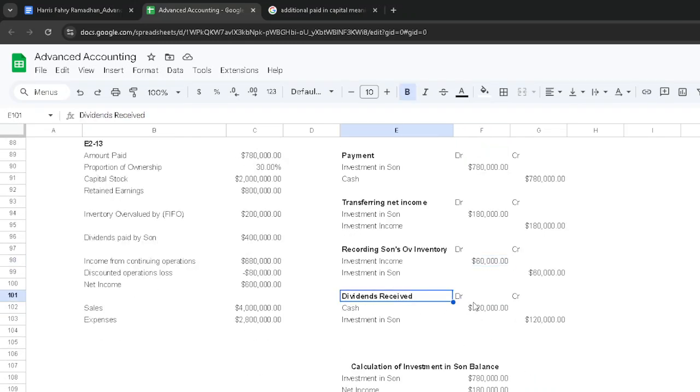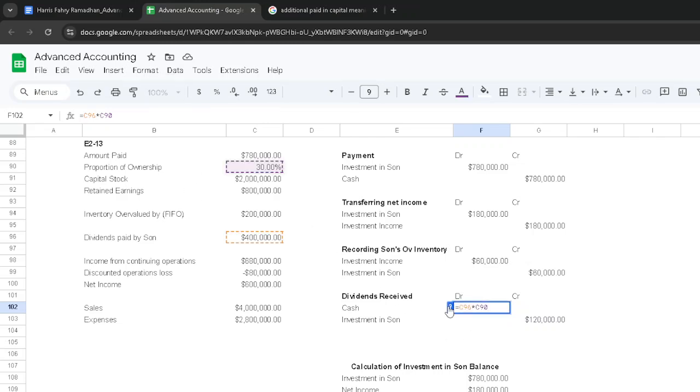Okay, now the dividends received, we also want to enter this in our journal. Dividends received are the dividends that we received from Sun, because we invested in Sun, so we get dividends worth 30% of the total dividends paid. To calculate this, we multiply the 40,000 dividends paid by Sun by the 30%, since we own 30% of it.